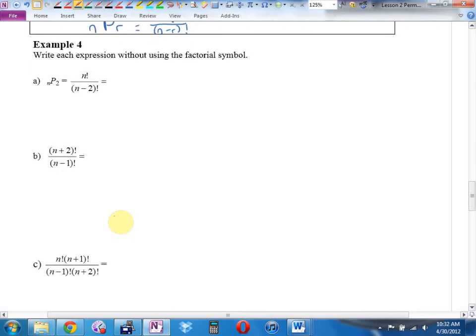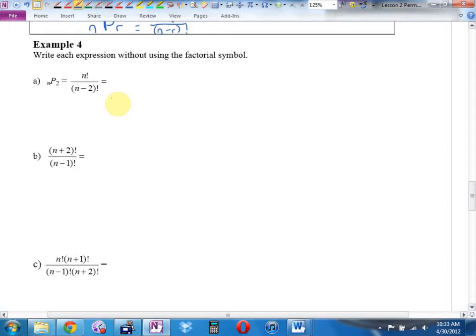Example 4. Example 4 says, write each expression without using the factorial symbol. Say, what? Well, if I give you nP2, what that means is the first number, factorial, divided by first minus second number, factorial. Now, what is n factorial?